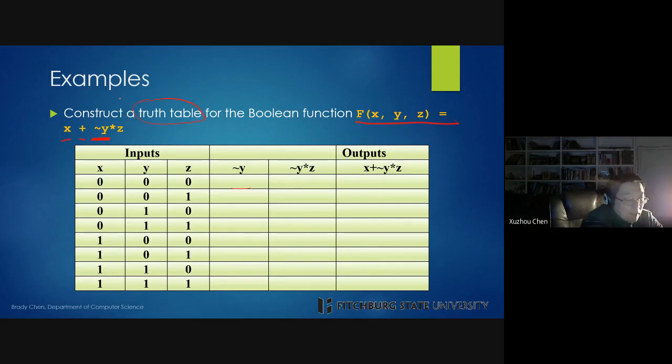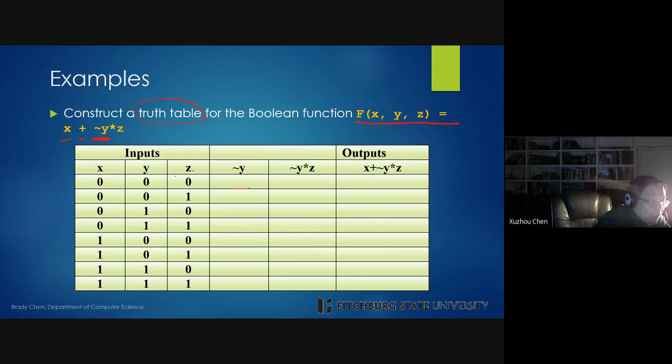Now because you're going to perform the negation of y first. So y, the value for y in each case, you have to, because you have 3 variables, x, y, z, think about all the possible combinations of these 0s and 1s.